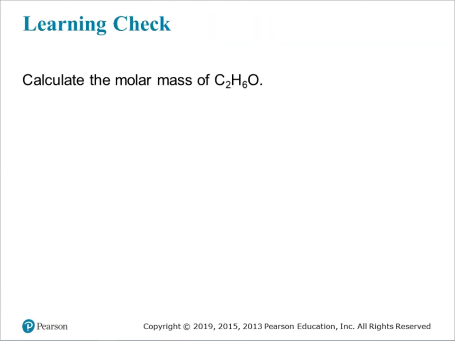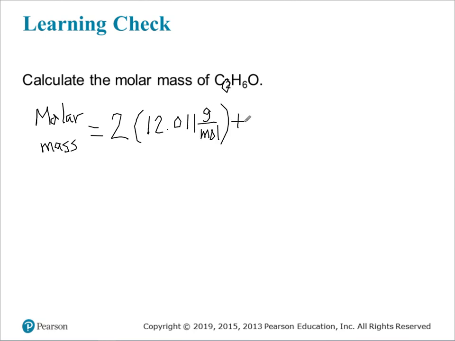Let's do another one. So we have the molar mass of this compound that has carbon, hydrogen, and oxygen. So we're going to look at our periodic table and figure this out. We've got 2 carbons, so we're going to take the molar mass of carbon and multiply it by 2. We're going to add to it 6 times the molar mass of hydrogen because there are 6 hydrogen atoms.